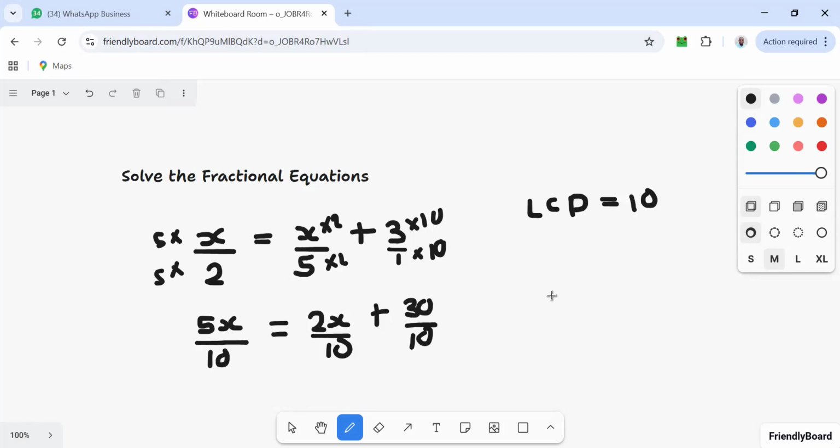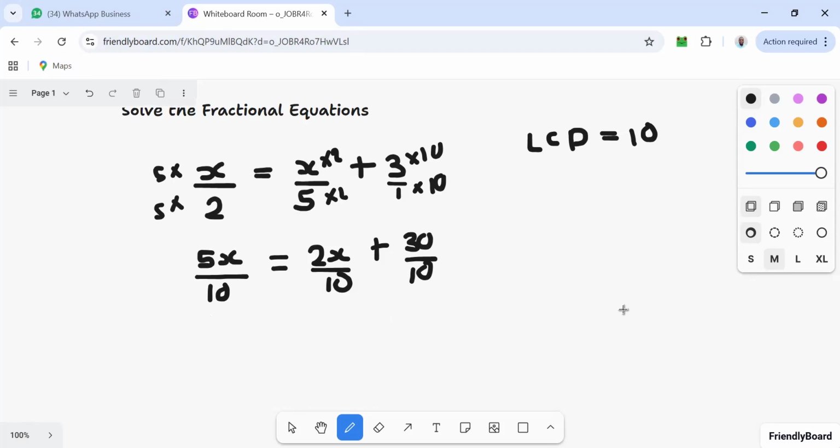The expression on the left is already a single fraction, so I'm just going to write it as it is, which is 5x over 10 is equal to, then 2x over 10 plus 30 over 10 is the expression that I'm going to write as a single fraction.